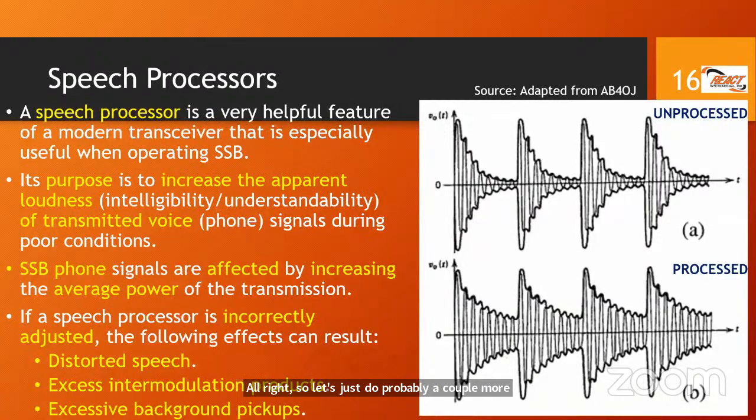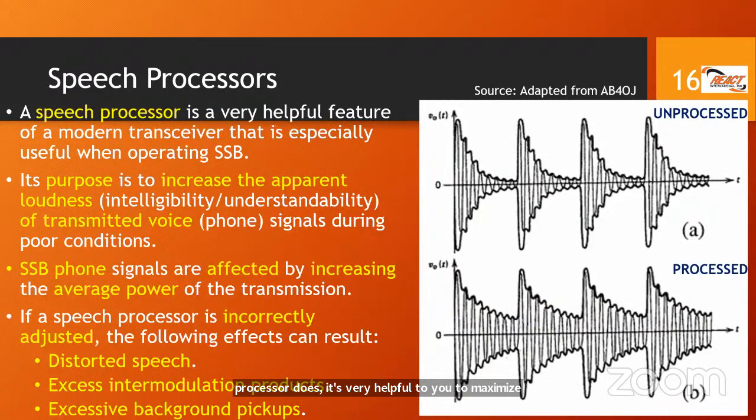One of the features on very good radio equipment transmitters is called a speech processor. What a speech processor does is very helpful to maximize and optimize your transmission.